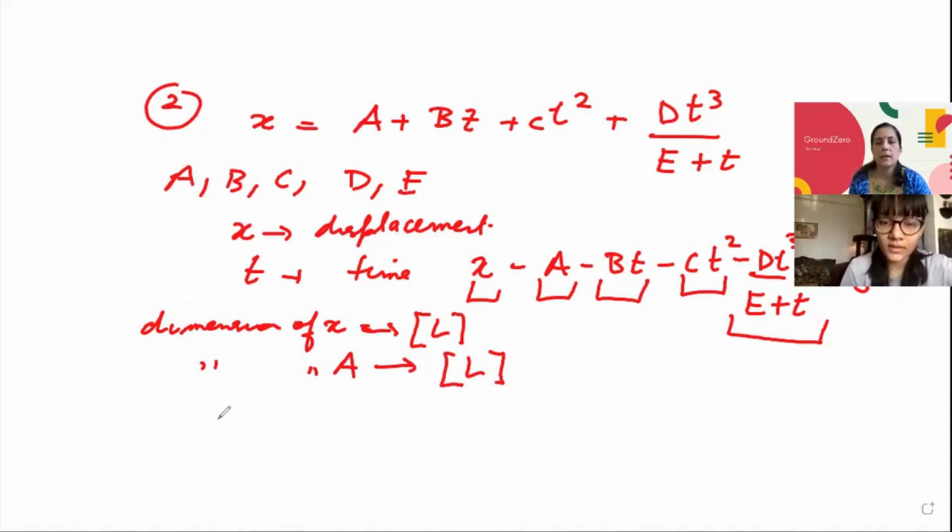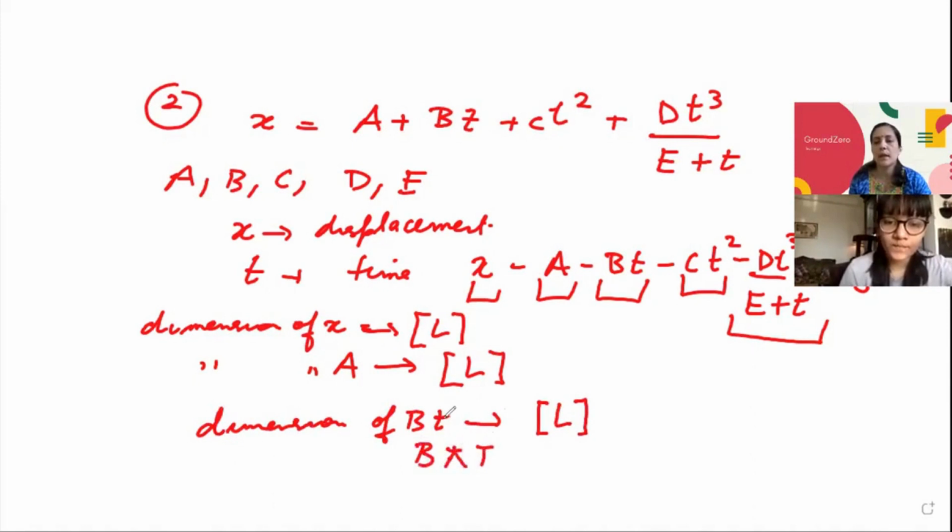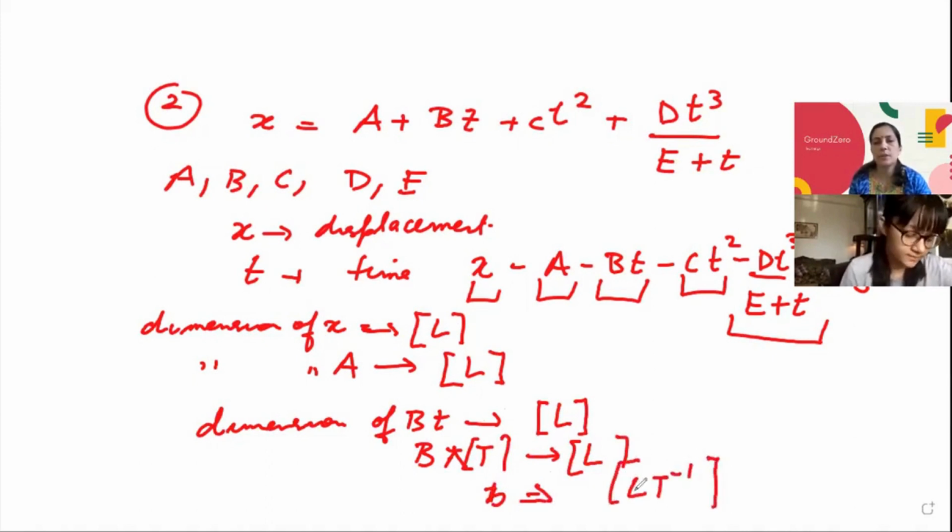The dimension of BT is same as X, or you can say L. B into T, T is the time, that gives you L. Now what is B? B will be equal to L T to the power minus 1. So we have got the dimension of B as L T minus 1, and A as L.